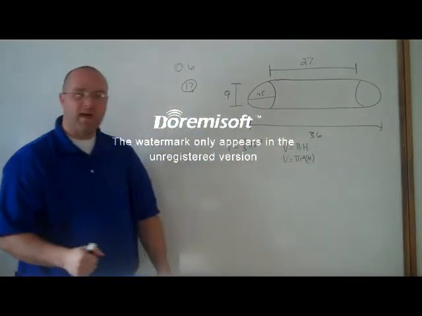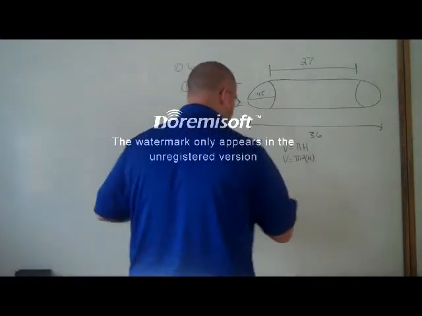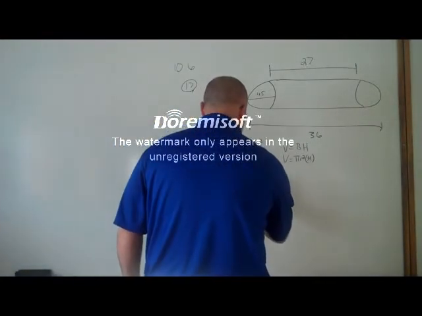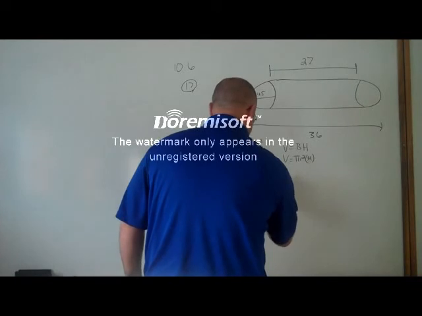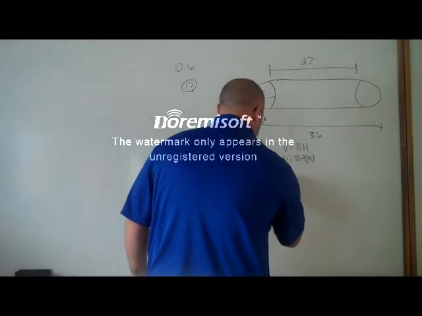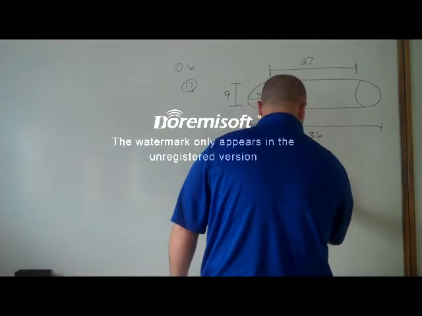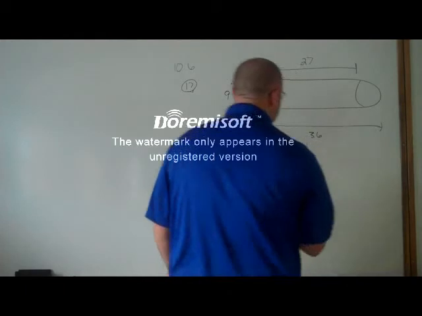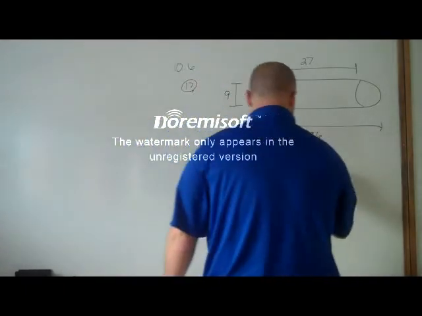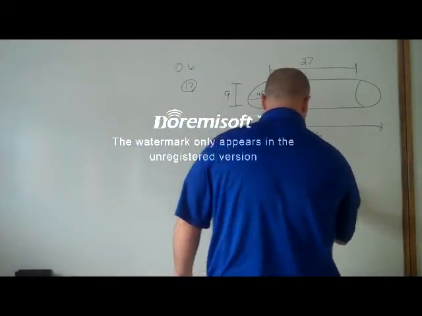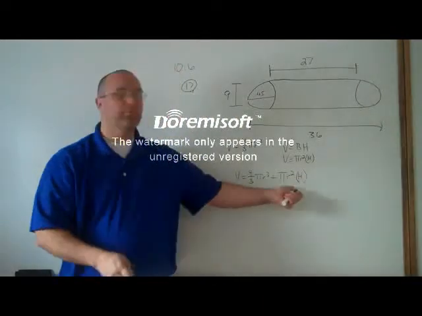So we plug all that in and we add them together. So the volume of that whole piece would be 4 over 3 pi r cubed plus pi r squared times our height.